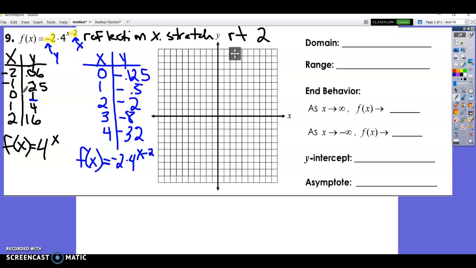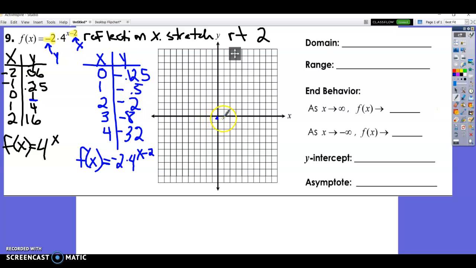All right, so now that I have my new table for the function I'm trying to graph, then I just have to graph these ordered pairs like before. So I'm going to go 0 and -point, it's going to be just below 0.